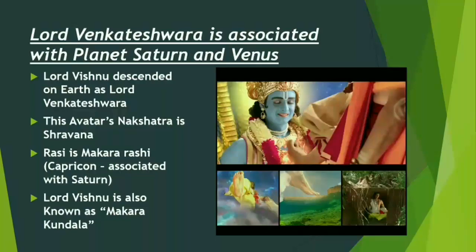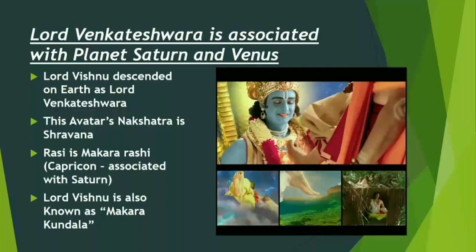And this form of Lord Vishnu is somehow connected to Saturn. So let's see how. Lord Vishnu descended on earth as Lord Venkateshwara during the Pitra Paksha. The Pitra Paksha is a time period when people offer prayers and food to their ancestors.